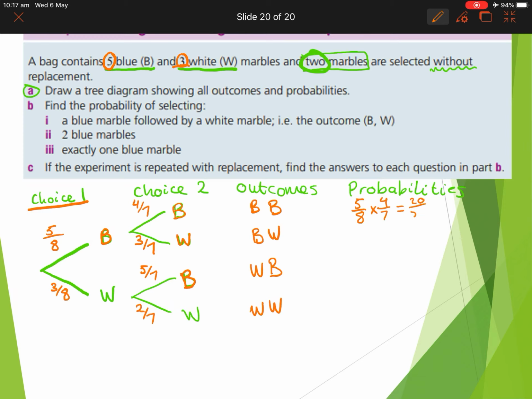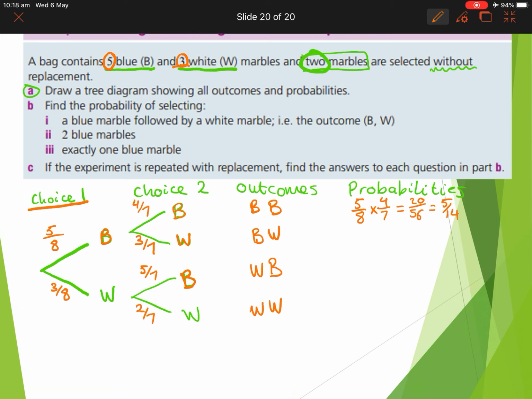Okay, so that is 20/56. What does that simplify to? 5/14. You guys can just pop that in your calculator, and that'll do that for you. Okay, so the probability of choosing a blue marble and then another blue marble is 5/14.